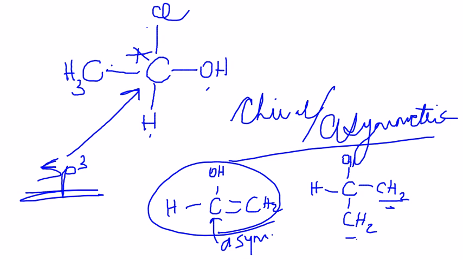So these two are identical, and you would say that it is not asymmetric. It's a symmetric molecule. On the other hand, if it's purely sp3 hybridized and all four groups are different, you would call it chiral, or you would say it has an asymmetric center.